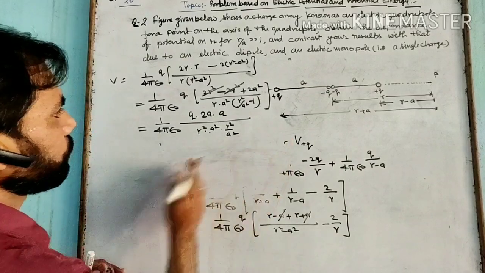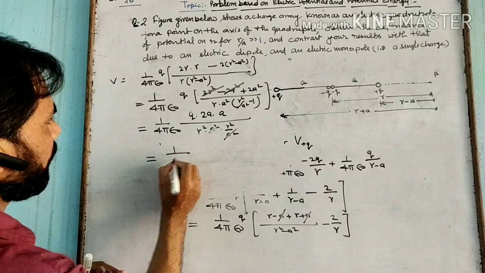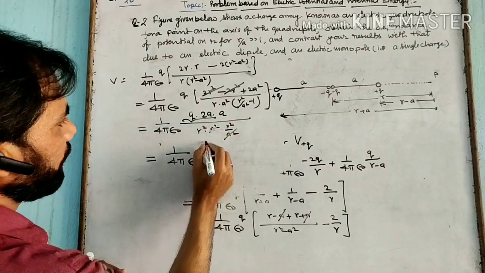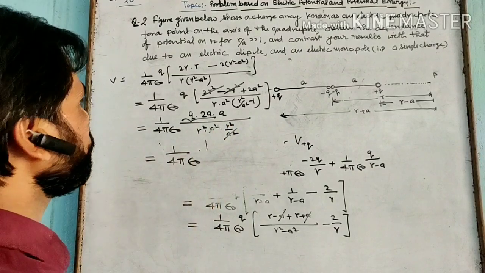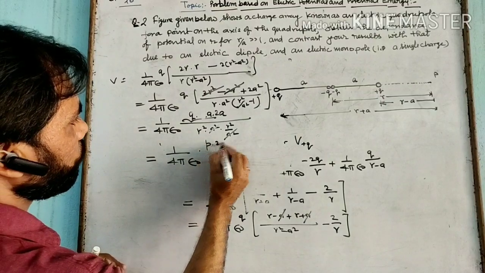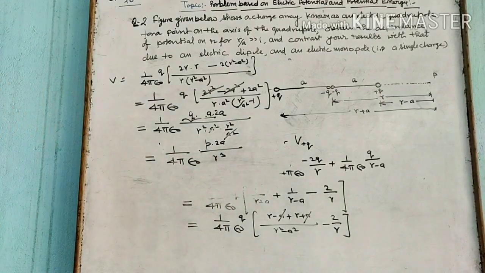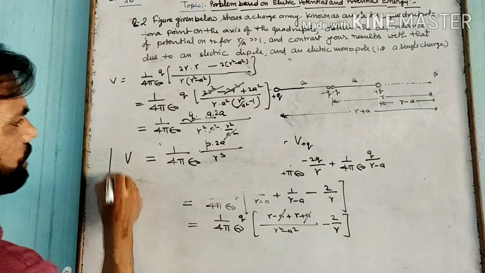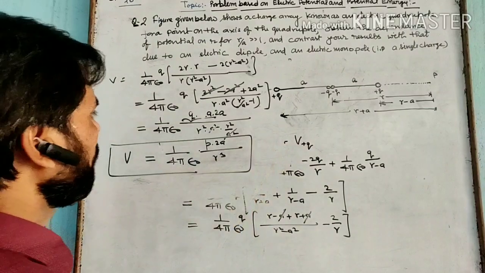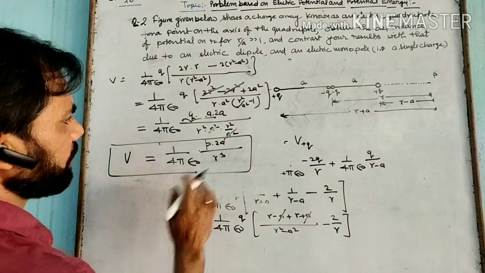Okay, so we can say this r square, a square cancel out. So we have 1 upon 4 pi epsilon 0 Q into QL, we can write this as Q into a here and 2a here, P into 2a upon r cube. So we can say that electric potential due to quadrupole only, you can write Q into 2a square in place of that one.